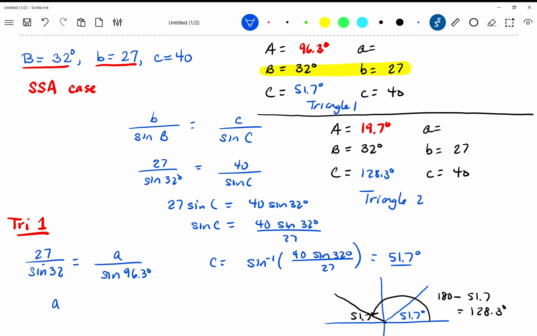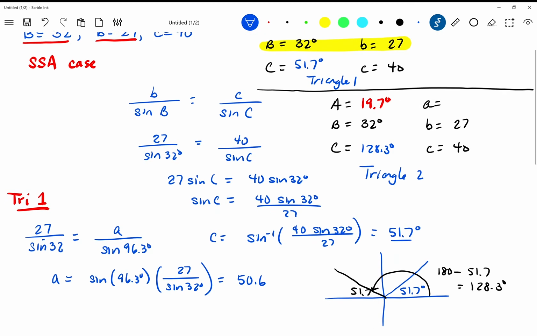That means A is equal to the sine of 96.3 degrees times 27 over sine 32 degrees, and A should be 50.6. Not degrees, 50.6 should be the length of the side. That makes sense because it is the longest side, opposite the largest angle.